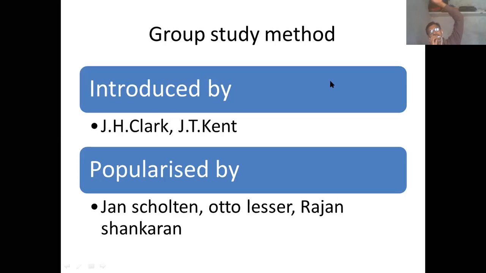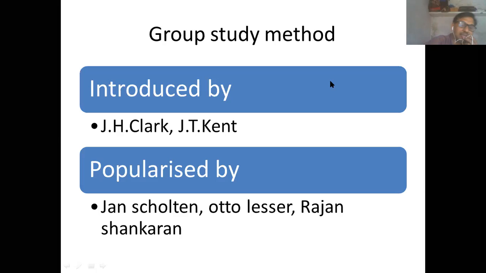This remedy is to be compared with Silicea, but the main difference is that Silicea will be chilly, while Natrum silicatum will be more towards an ambithermal remedy. I think it has gone above your head. But remember, there is a controversy about who introduced this group study method.